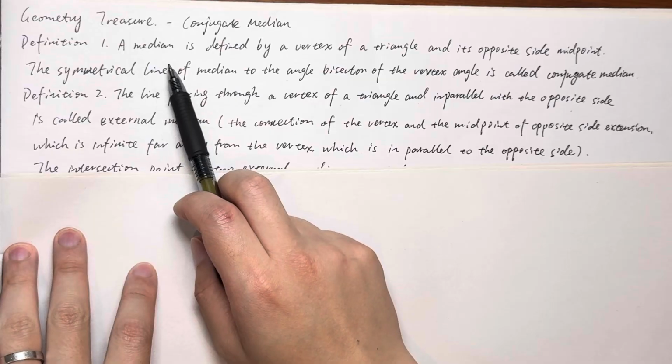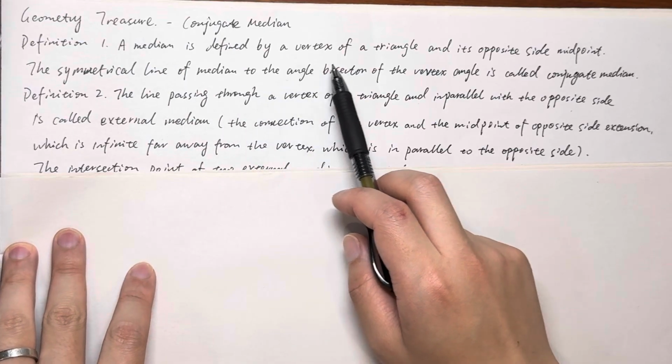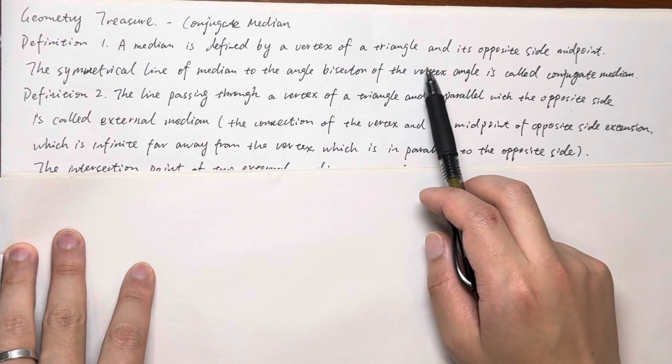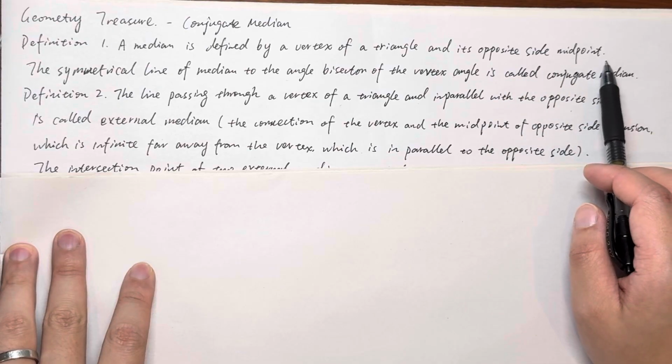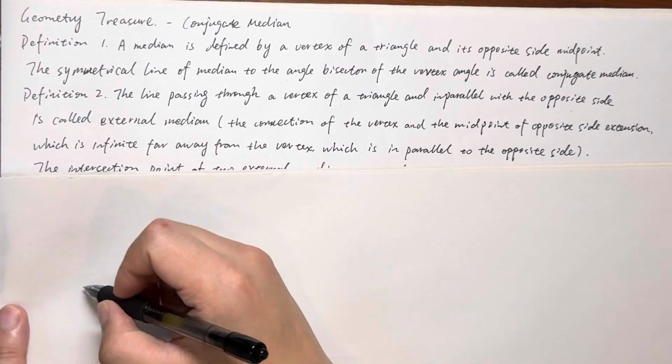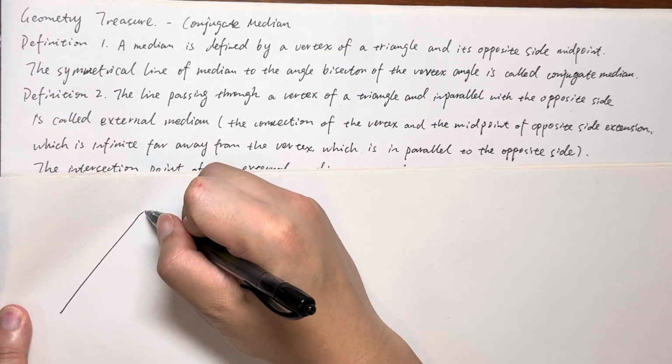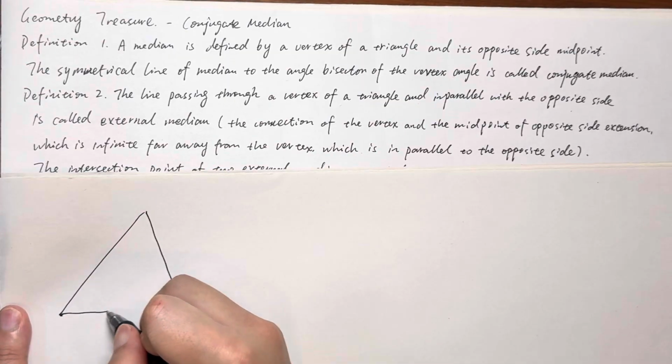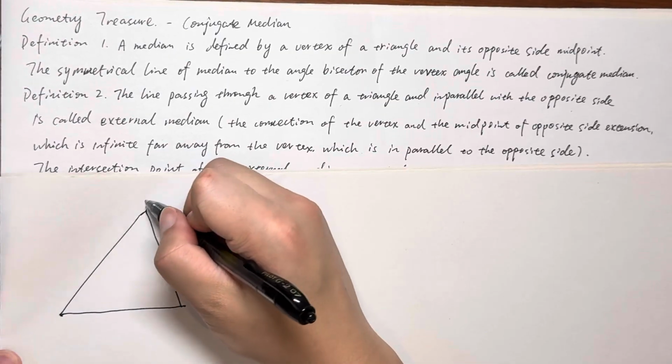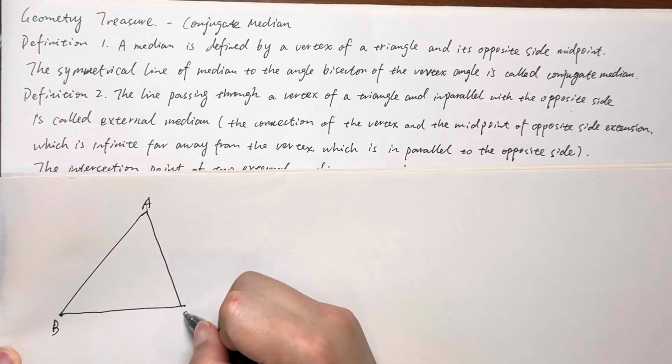A median is defined by a vertex of a triangle and its opposite side midpoint, right? So if we have a triangle, let's call it A, B, C here.